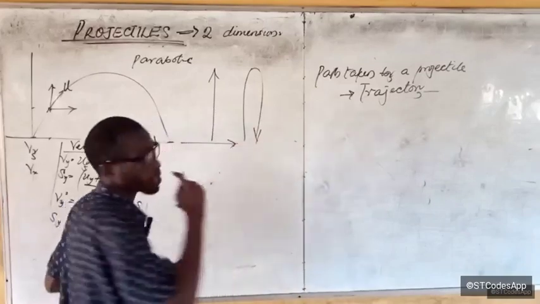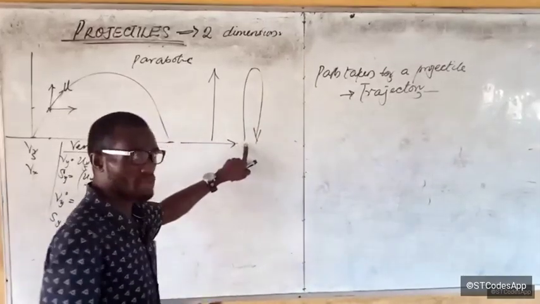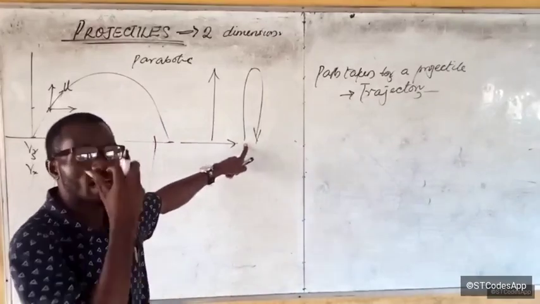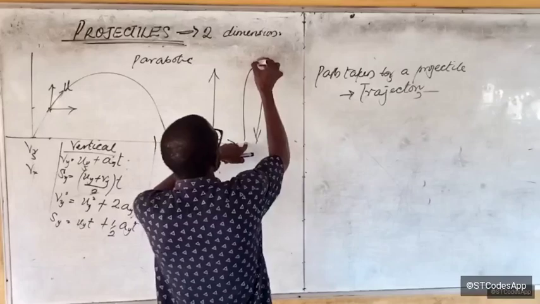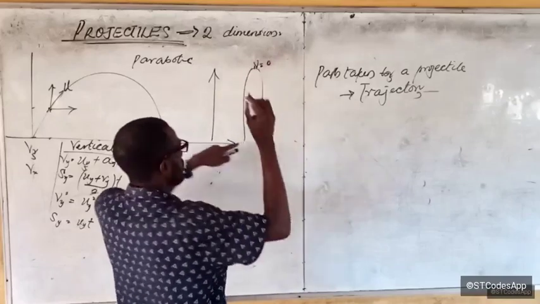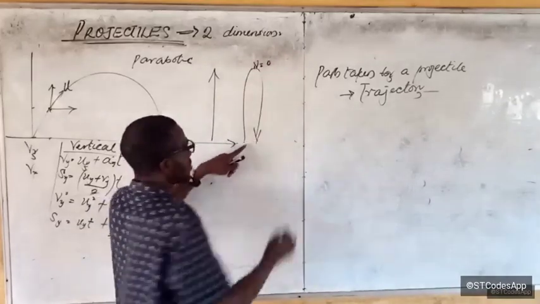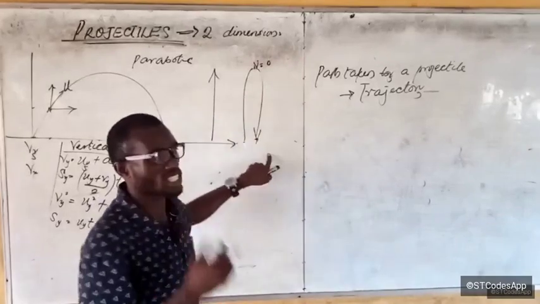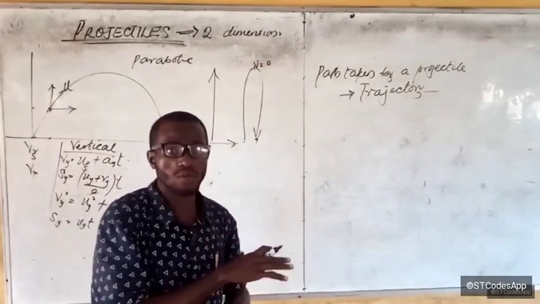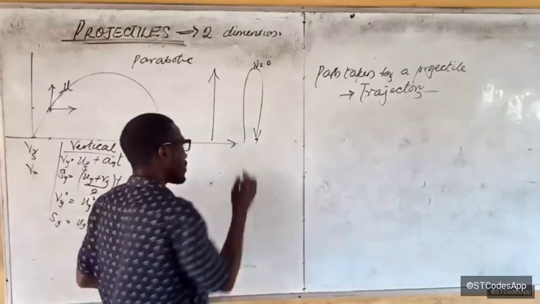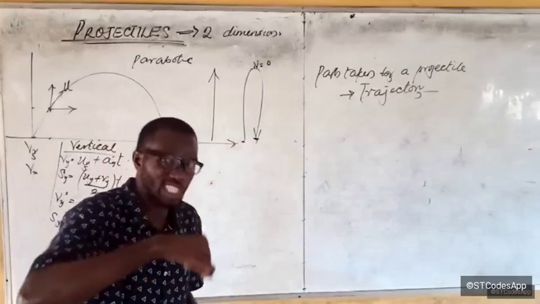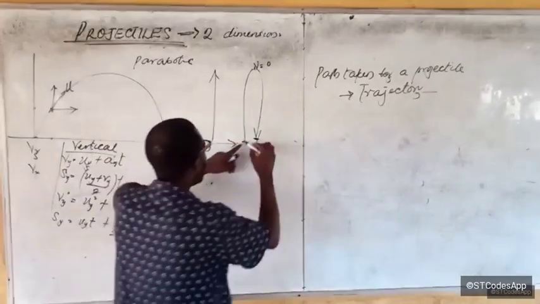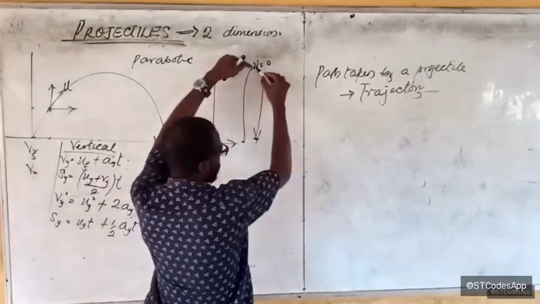Is that okay? So when it goes up, it's starting with a velocity. That velocity will constantly reduce until it gets to 0 here. So velocity here is 0. Velocity here is maximum, and is maximum again just before it touches the ground. Velocity will reduce until it gets to 0.